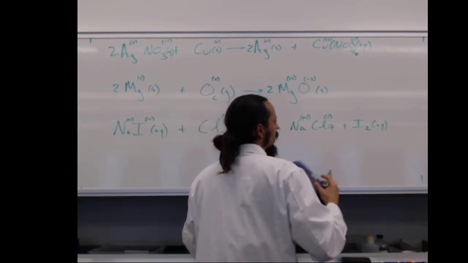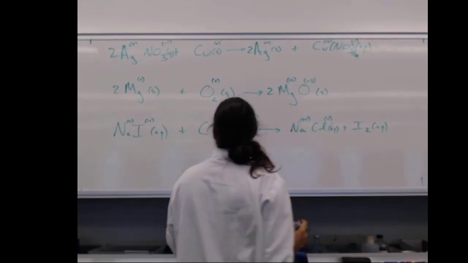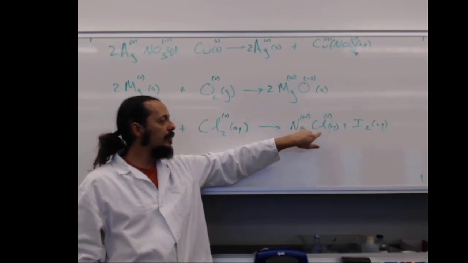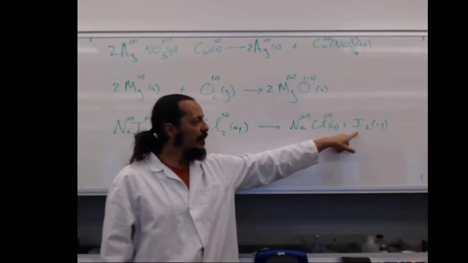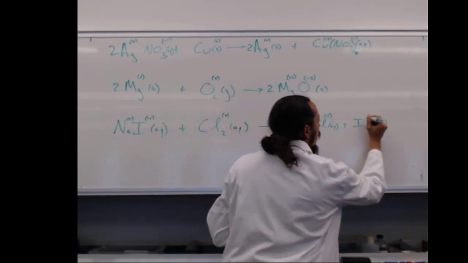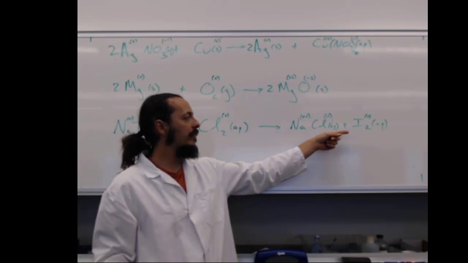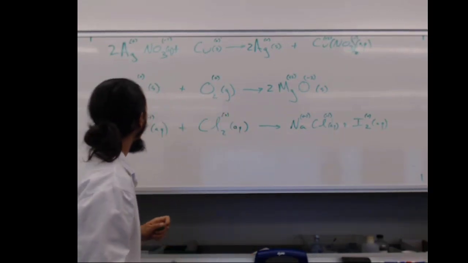Whoa, having trouble writing the letters. So we get Na still with its plus charge, Cl with its -1 charge, aqueous. And we form I2 with 0 charge. Iodine has lost electrons to the more electronegative thing, chlorine, and we've done a redox reaction.